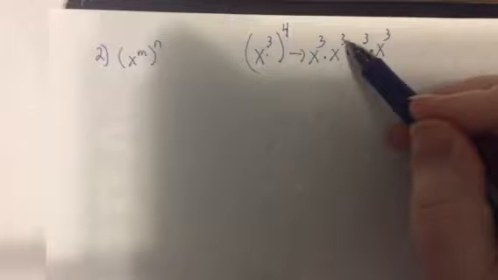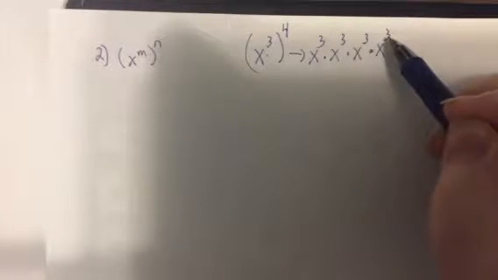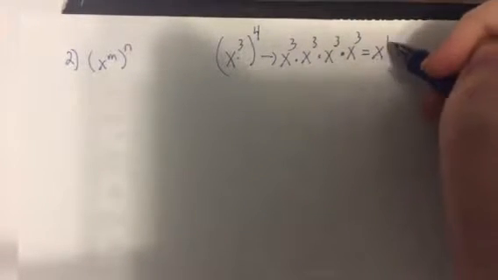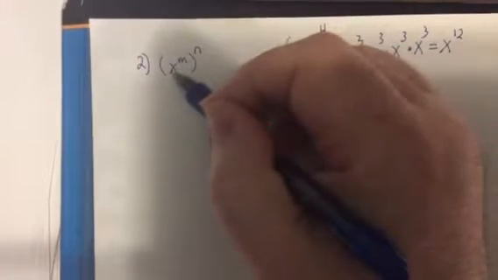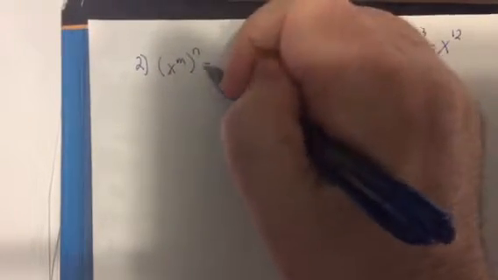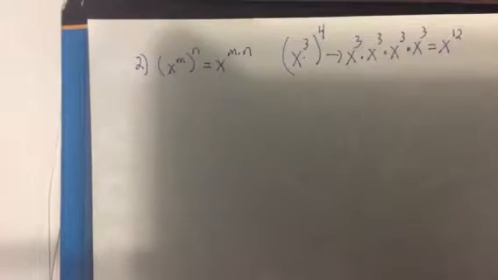So when you're adding the same thing, that's what multiplying is. So I have 4 3's added together, so it'd be 4 times 3. So 3 times 4 is x to the 12th. So the rule is that when you have a base raised to a power, and then you raise the whole thing to another power, you multiply the powers.